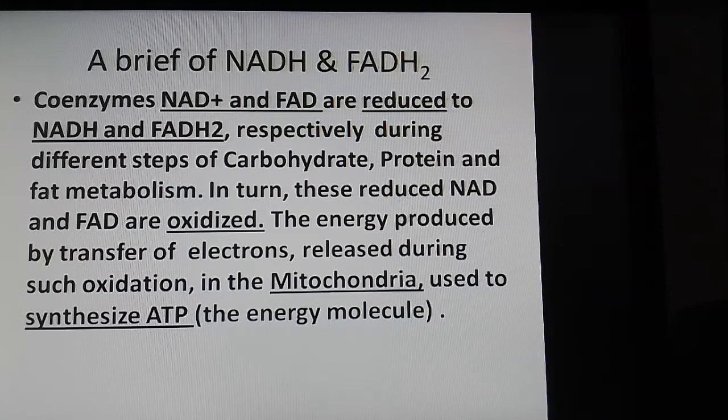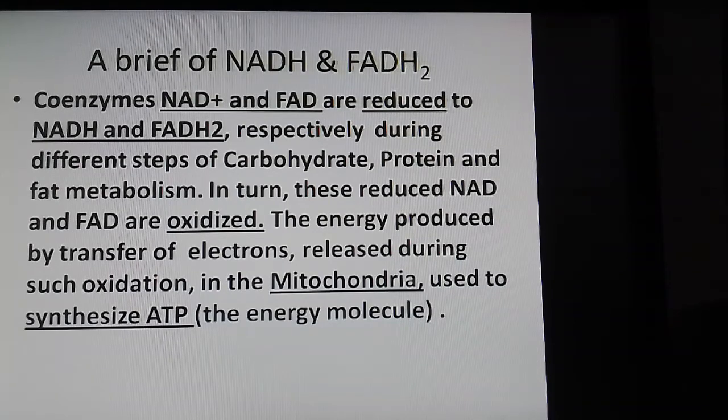You may be familiar with the words glycolysis, oxidative decarboxylation, Krebs cycle, beta oxidation and deamination of amino acids into the keto acids, which may possibly get into Krebs cycle.